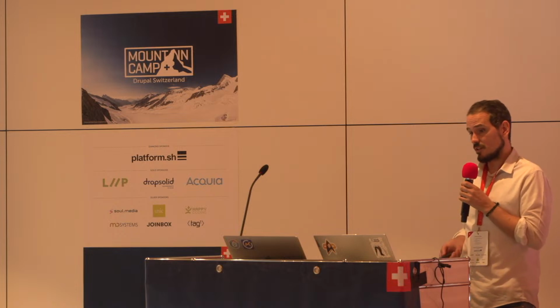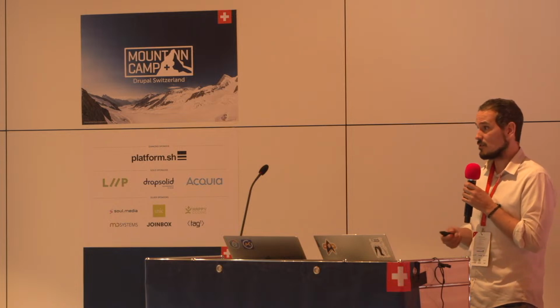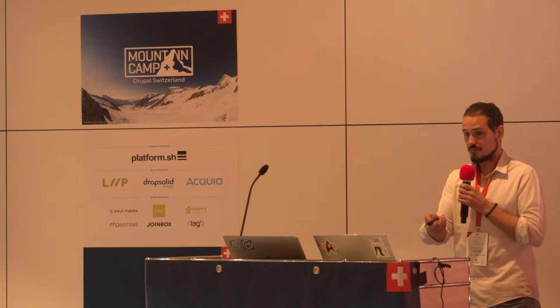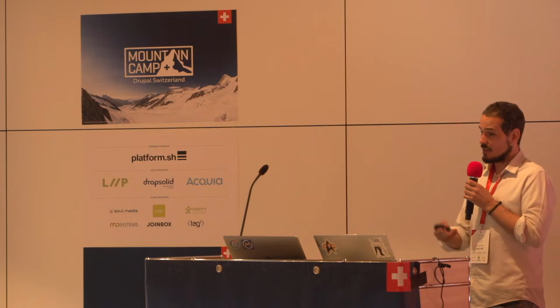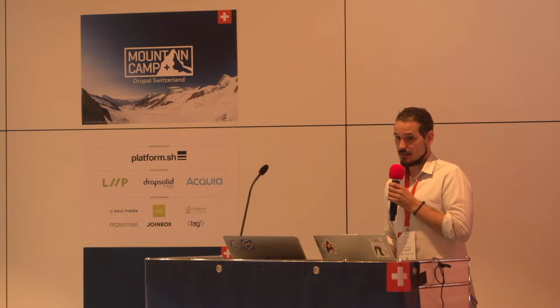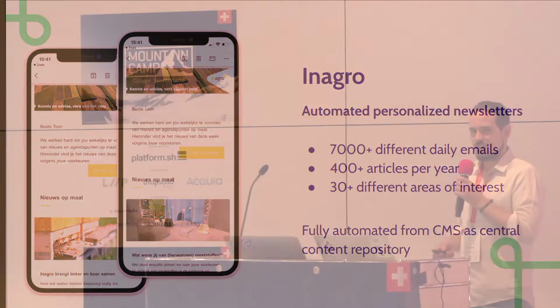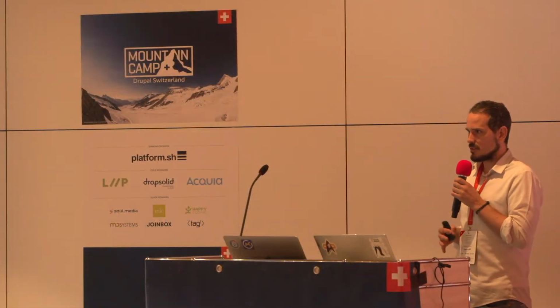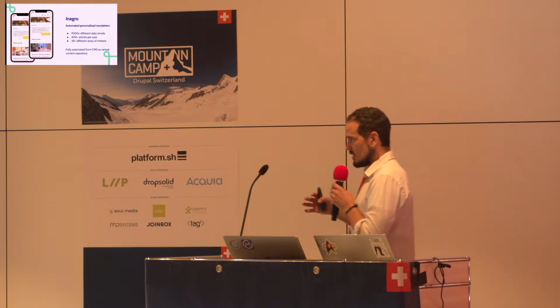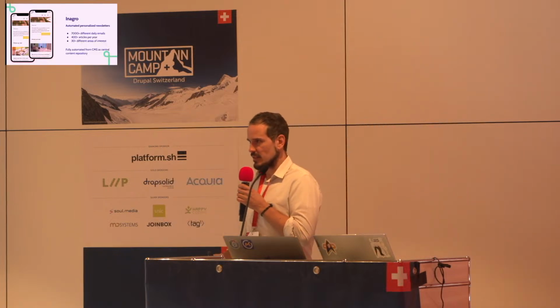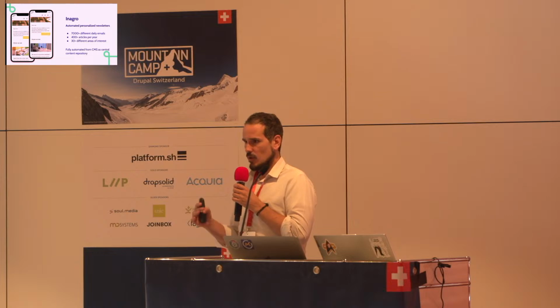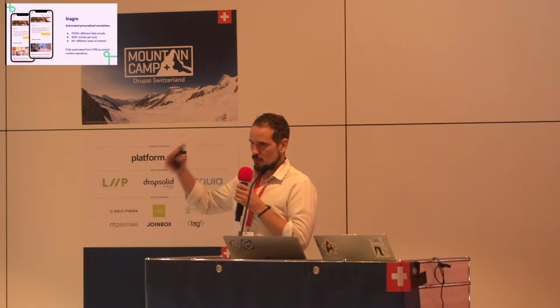We use it for the Tourism Flanders, which is the government agency for tourism. Or for example, this case, it's a lab with a lot of different industries. We actually send 7,000 different emails every day, and we use the CMS to compose the content and send it to these people. When we did it, they did the normal campaigns, and what we see is that the engagement actually doubled.